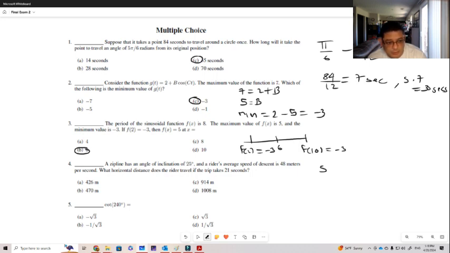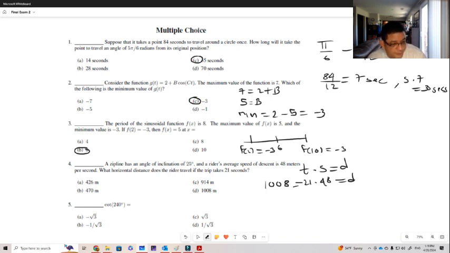Distance is speed times time. So 21 seconds times 48 will provide the distance.